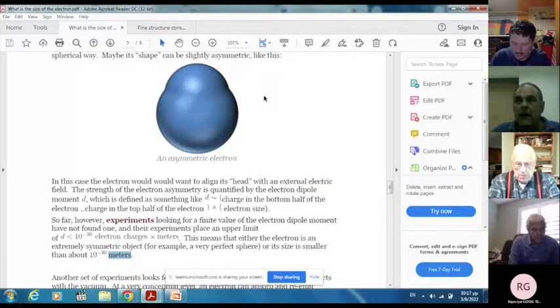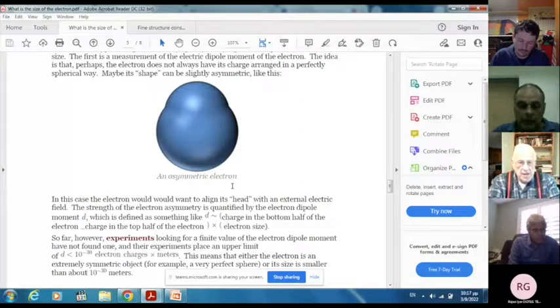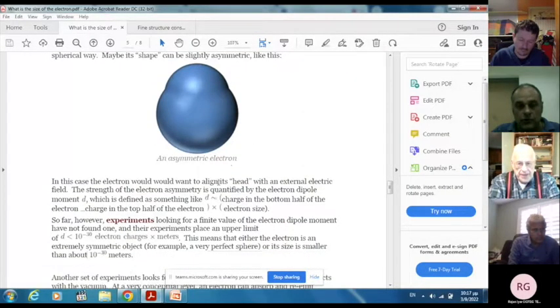Either the electron is perfectly spherical, or the cross section is less than 10 power minus 13. Can you see my cursor here? Yeah. Okay, good. So I repeat: because they couldn't find any electric dipole moment, they say either the electron is perfectly spherical, or, as a second conclusion, the electron must be smaller than 10 minus 13.